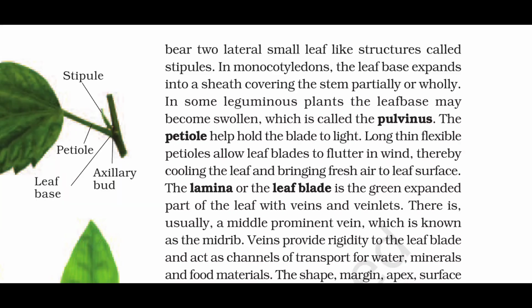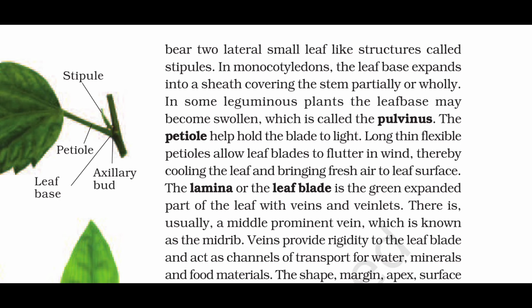Then the petiole helps hold the blade to light. Long, thin, flexible petioles allow the leaf blade to flutter in the wind, thereby cooling the leaf and bringing fresh air to the leaf surface.